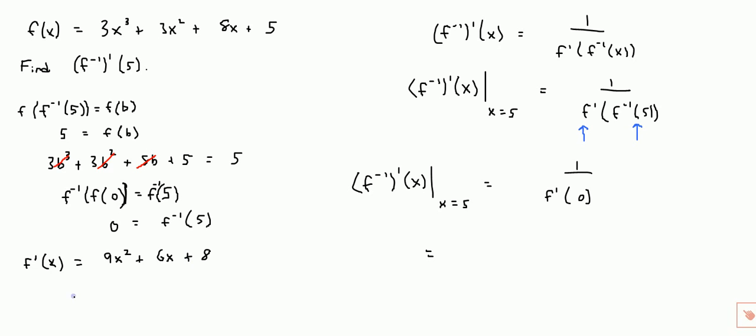What's f prime of 0? F prime of 0 is equal to, alright, this cancels, just 8. So that means that this whole thing is equal to 1 over 8. Okay? And that is f inverse prime of 5. That is the answer.